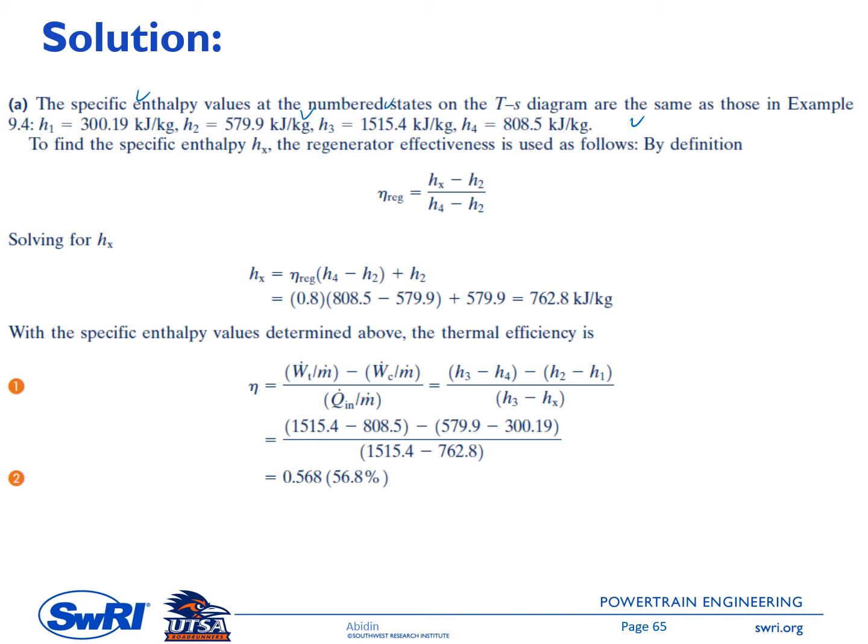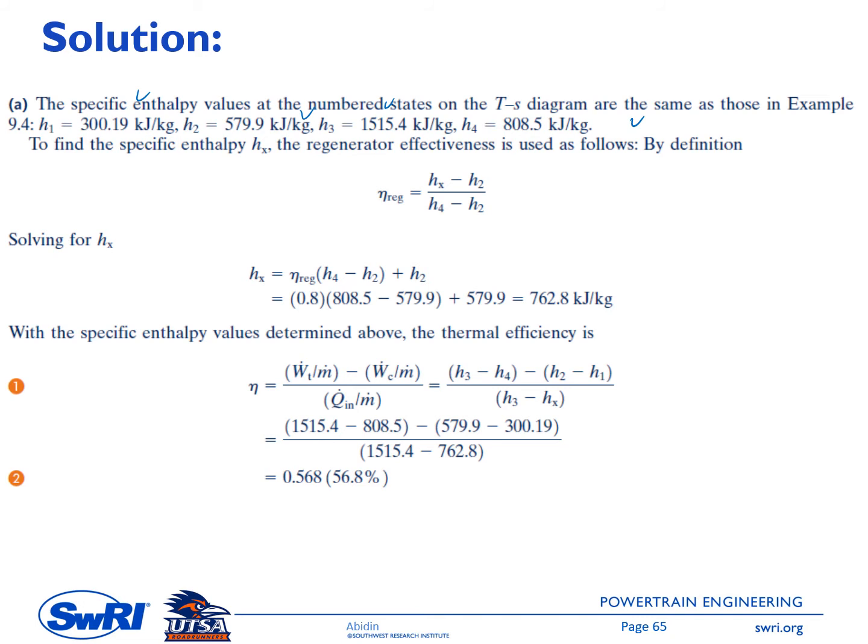H3 is based on the T3 of 1400 Kelvin. We get 1515.4 kilojoule per kilogram, and then H4 is 808.5 kilojoule per kilogram.